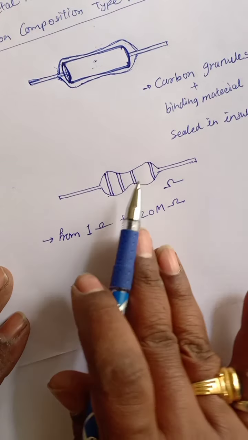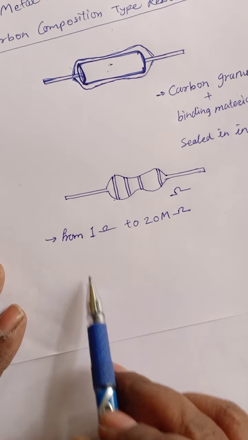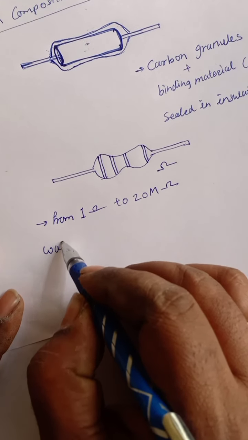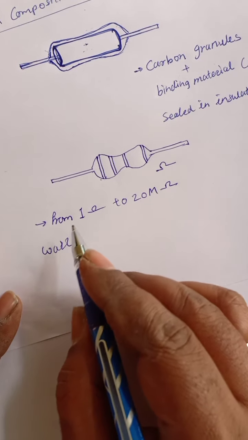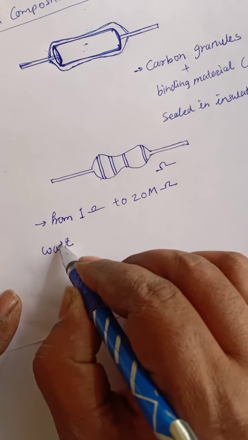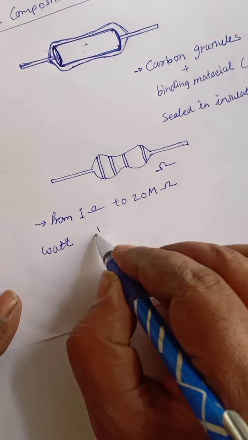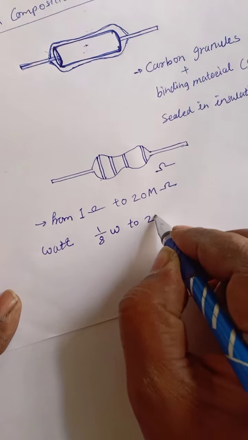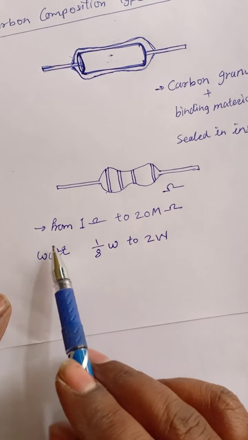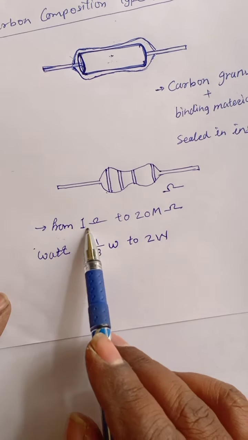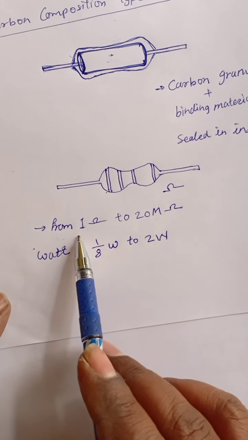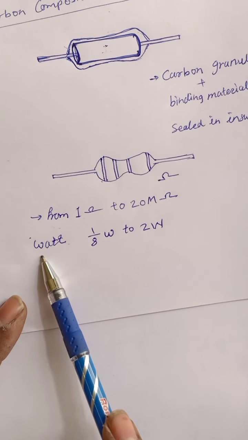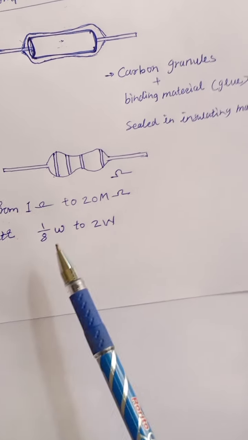So this is the range for this carbon composition type resistor, 1 ohm to 20 mega ohm, and wattage is available from 1/8 watt to 2 watt. So this range is very important. This is the range in which the resistance value is available, and watt is from 1/8 watt to 2 watt.